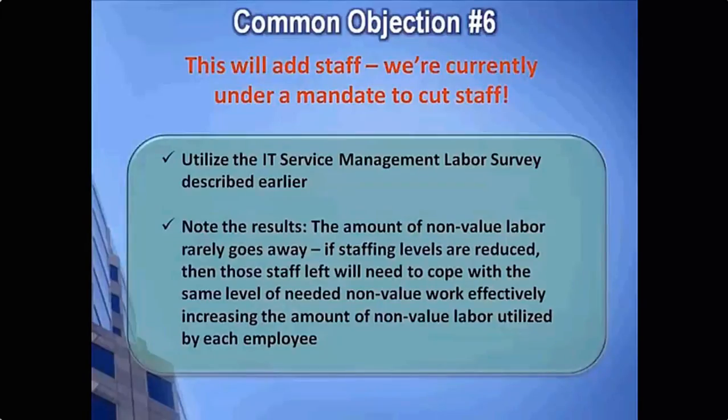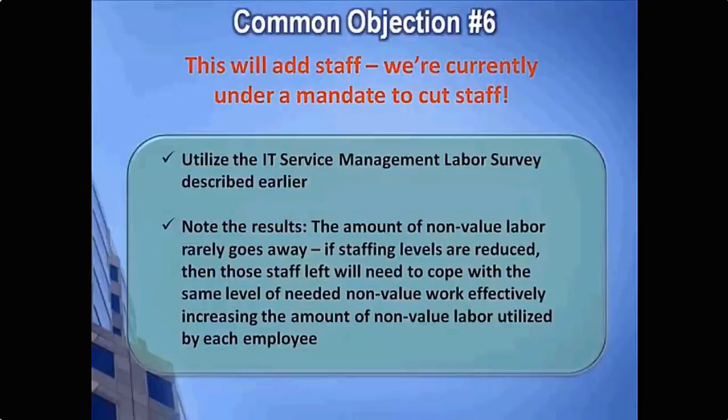One of the things I like to point out is that if your organization is cutting IT staff, and again we go back to our labor survey, if you have unplanned IT labor that's going on, and you're cutting staff in that kind of a situation, what you've actually done is increased the percentage of unplanned labor that the people still working at the company will have to deal with. So unless you make those incidents and bad changes and all those things go away, then the people that are left have to start dealing with those, and that takes additional time away from what they were hired to do as well.